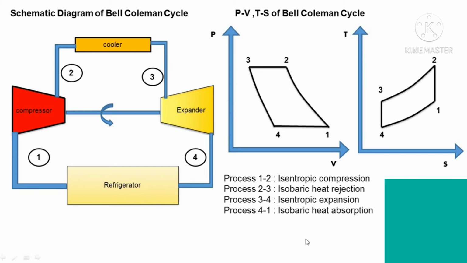Now we will see in the next slide how to find the coefficient of performance of the Bell-Coleman cycle, that is COP of the Bell-Coleman cycle. Consider a process 1 to 2 which is isentropic compression process, in which low pressure low temperature air is sucked by the compressor and it gets compressed to high temperature.